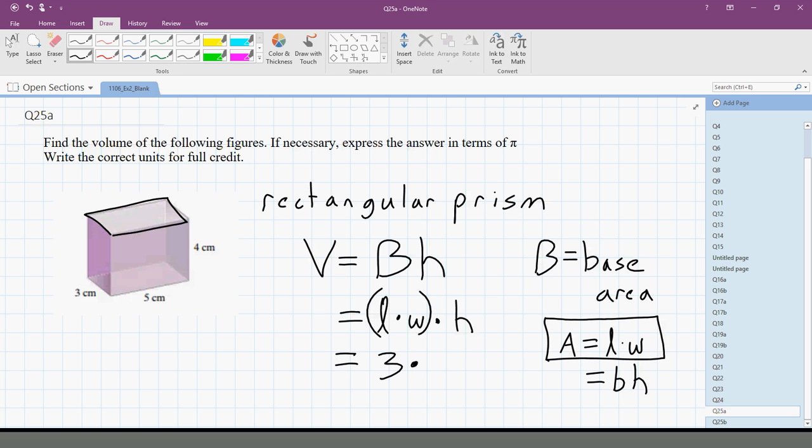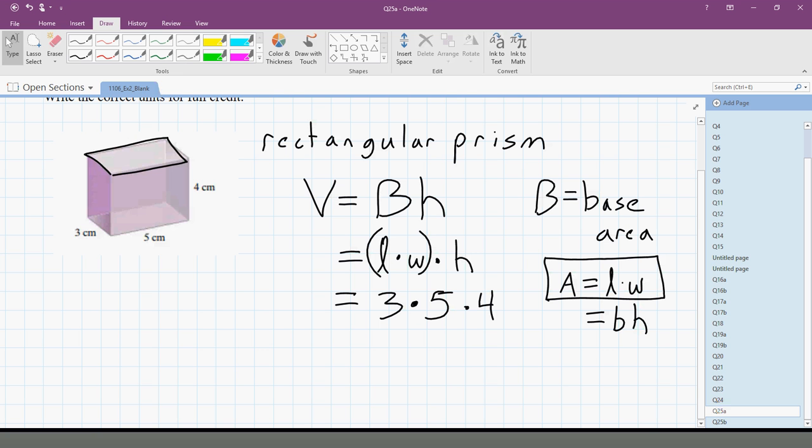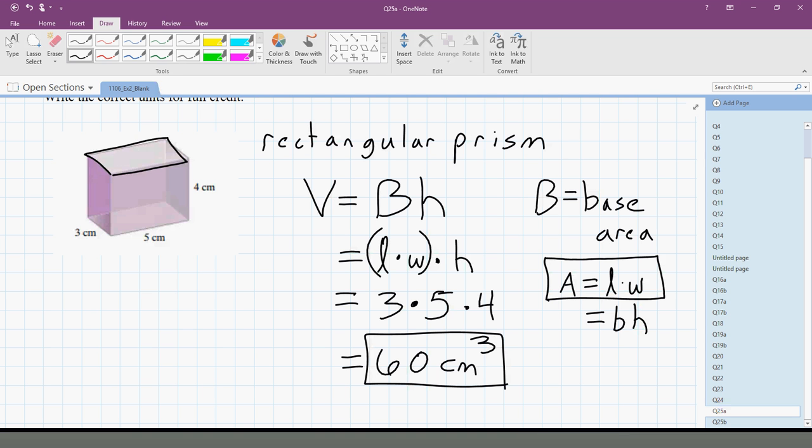What's your width? 5. Height is 4. So all you got to do is multiply all that together. Get me an answer. 60 what? Centimeters. Cubed. Volume.